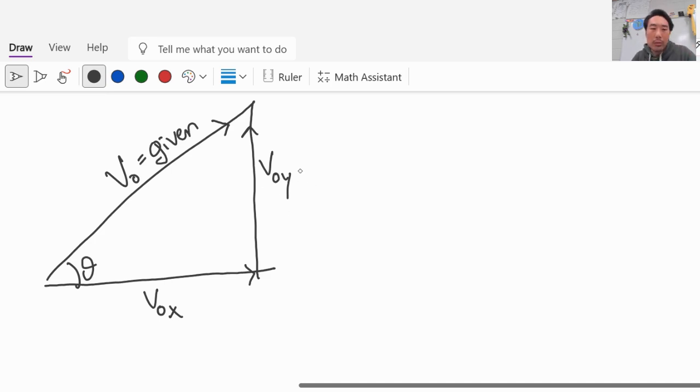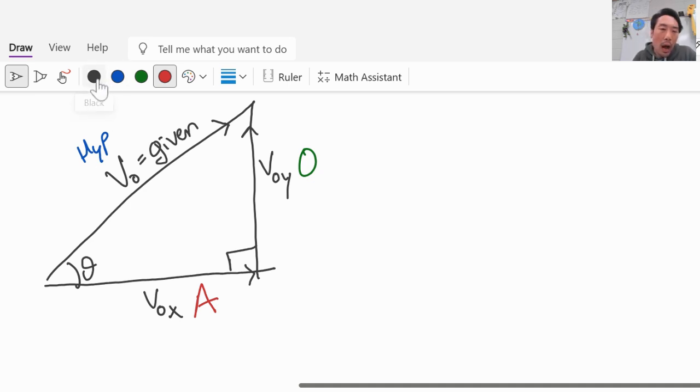VO is your hypotenuse. Your angle's right there, and here's your 90-degree angle. So if we were to use the idea of SOHCAHTOA, according to this angle theta, VOY is our opposite side, VOX is our adjacent side, and this is our hypotenuse.